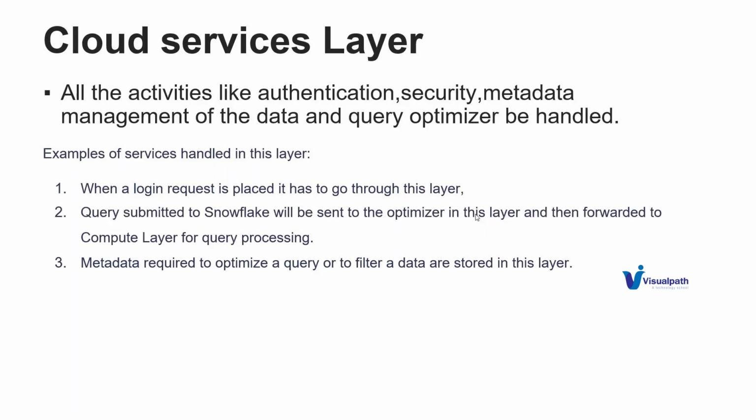So these are the steps that happen whenever you run a query. I will show this whole process in detail in the cache class, because we need to understand how it works at each cache, and I'll explain in detail there also. But let's understand the importance of the cloud services layer.